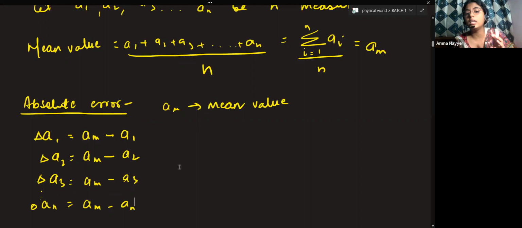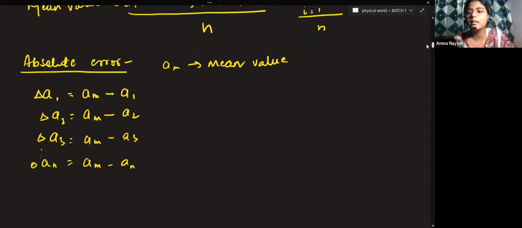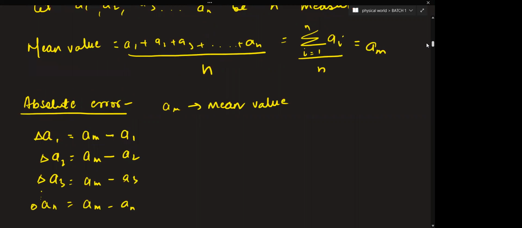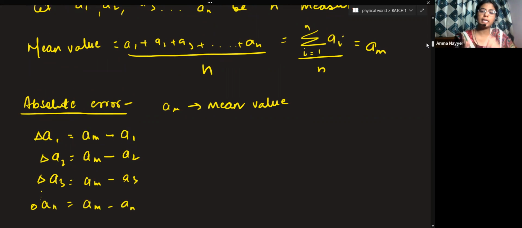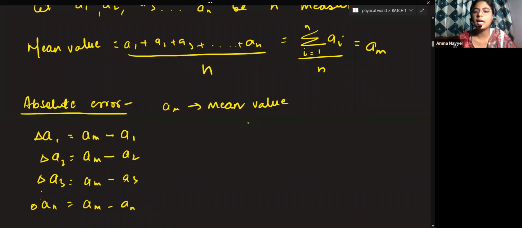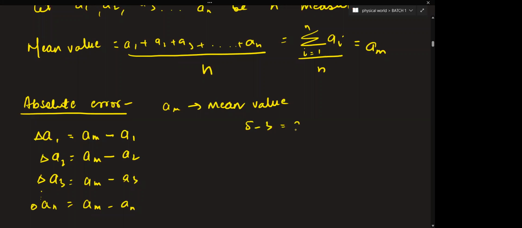But not only this, you sometimes have to calculate the mean absolute error. For calculating the mean absolute error, if A3 is greater in value than AM, you take the modulus. Do you know what is meant by modulus? Modulus means, for example, I have 5 minus 3 with me, so this is plus 2.